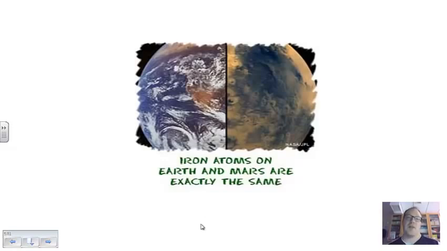Something that's interesting to note is that matter and atoms that we can determine are part of matter are the same not only from our planet, but from other planets and other substances that seem to come from not of this planet.